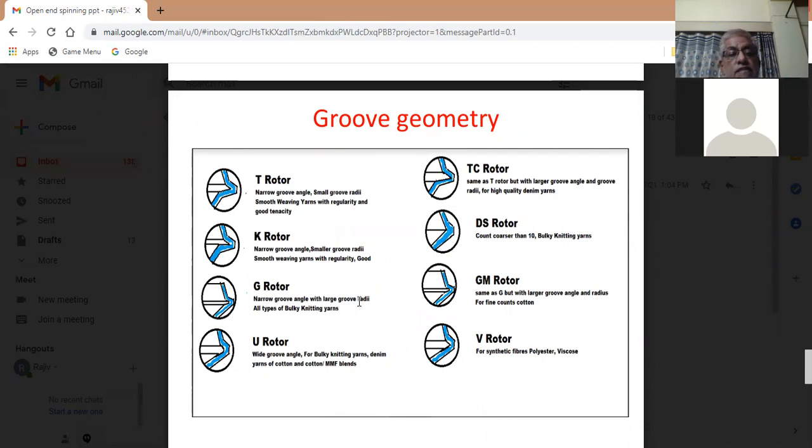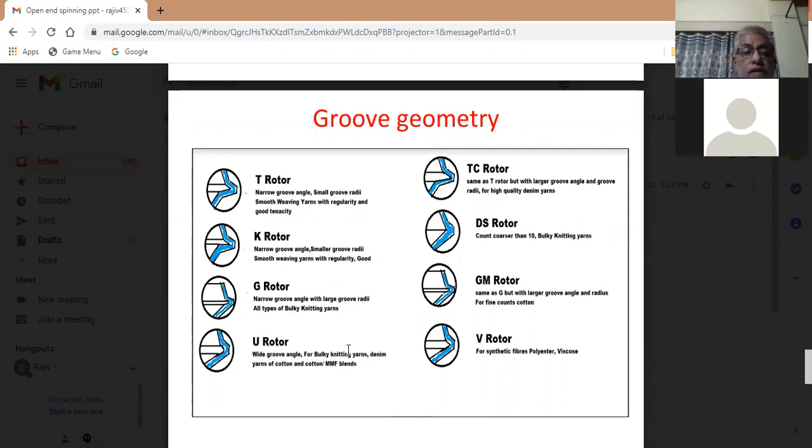In this T rotor, there is narrow groove angle and small groove radii. Generally it is used for smooth weaving yarns, and it generally results in regular and good tenacity yarns. So we can say T rotor is used for weaving yarns. Then comes K rotor.